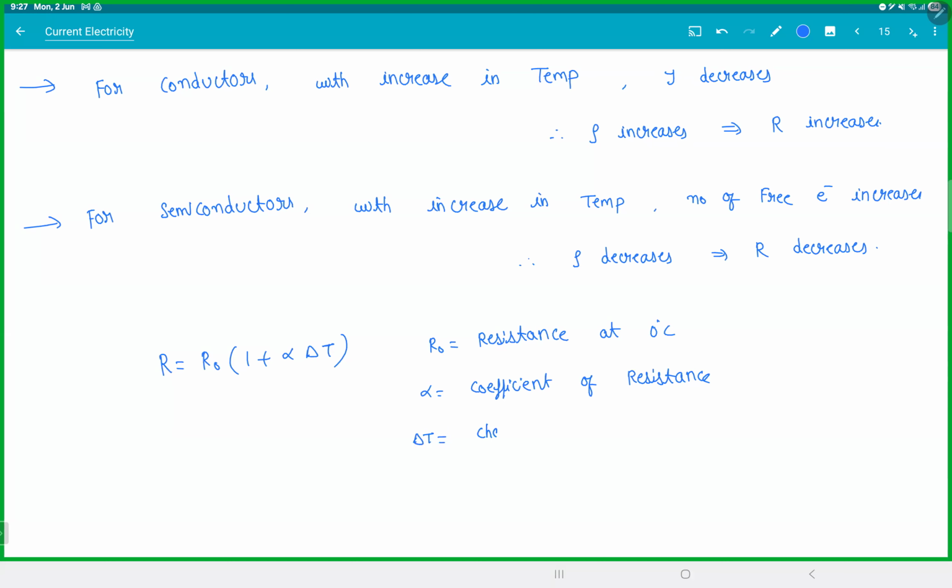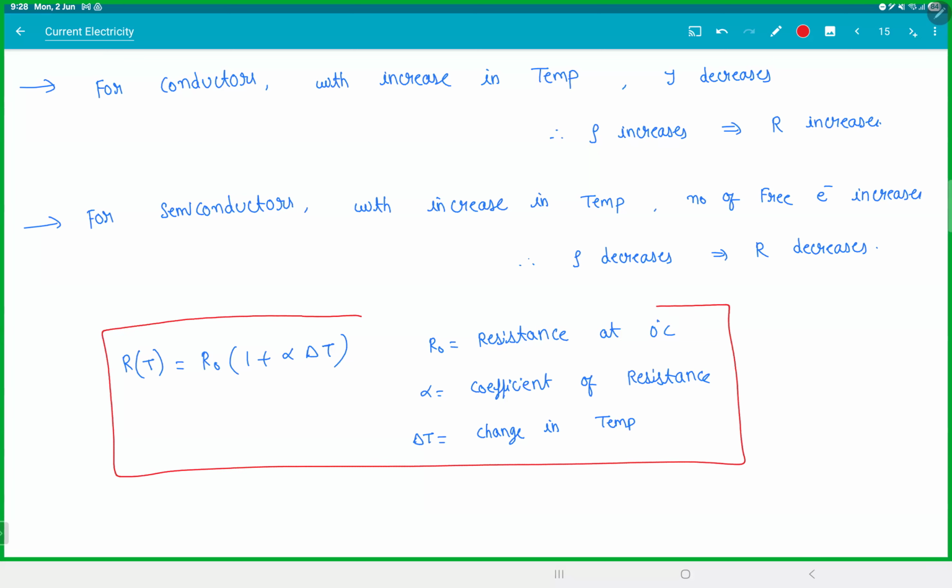Delta T is the change in temperature. This gives resistance as a function of temperature. This is the formula that is there in NCERT, so we'll stick to this. You should remember this. But there's a thing for large temperature changes. This is generally valid only for small temperature changes.